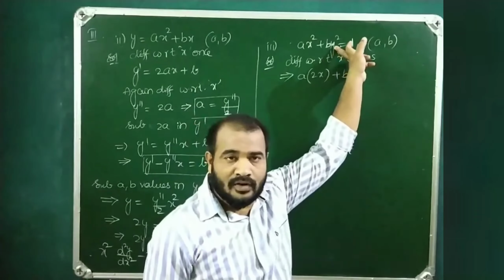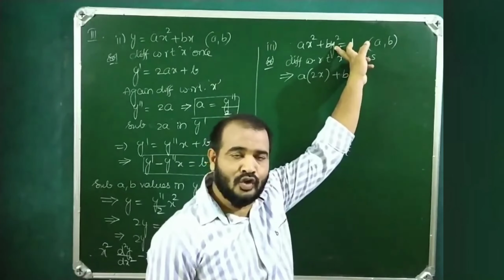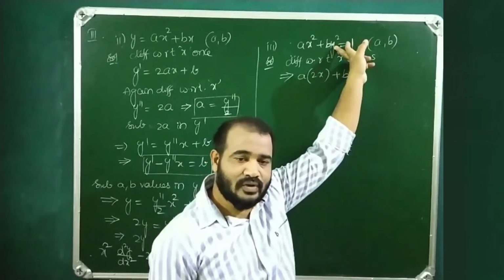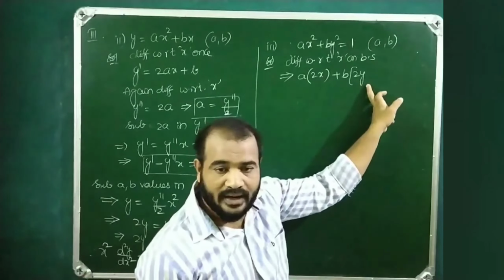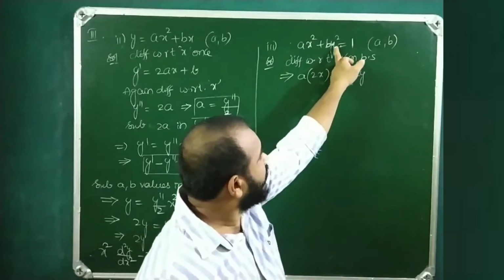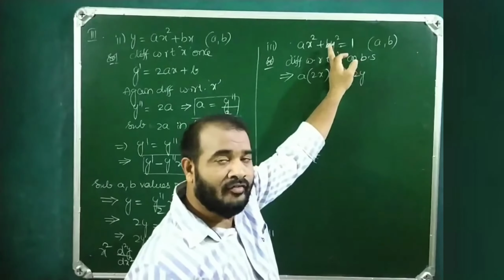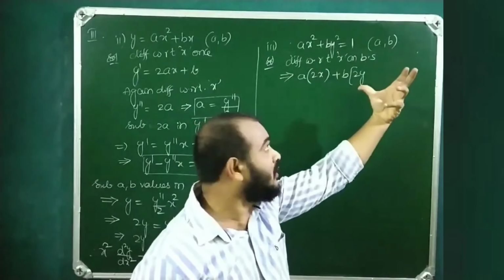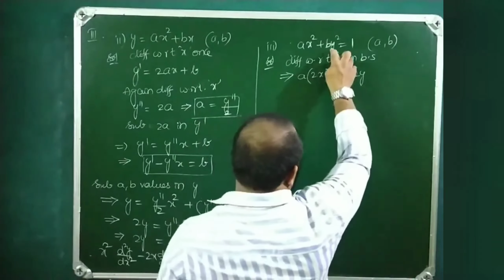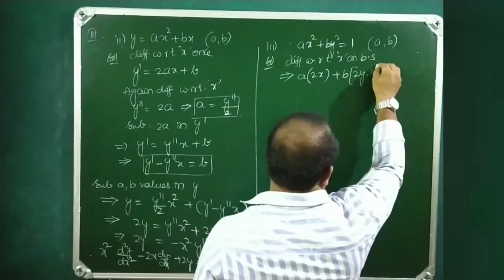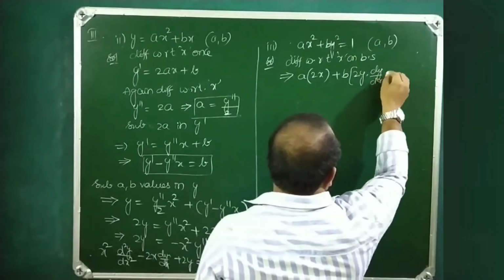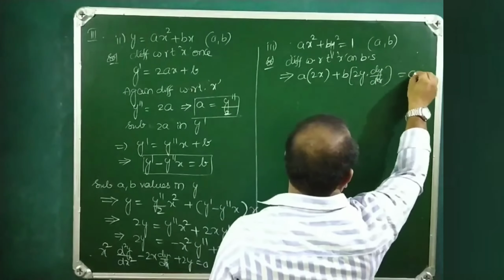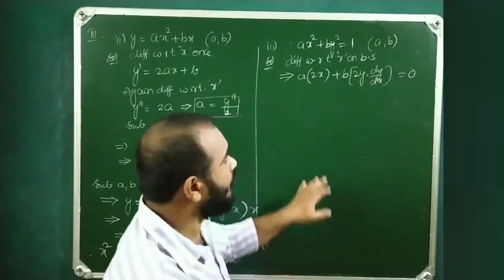Treating y like x, the derivative is 2y, and since we treated y to be x, we need to differentiate it later, which is dy/dx. Equal to, the derivative of 1 is 0.